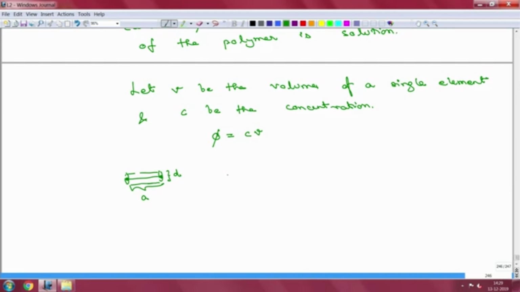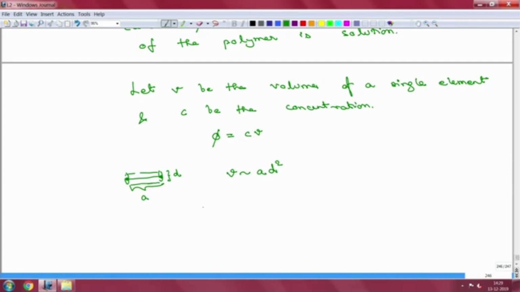Then v scales as A times D squared. This is the volume of this cylinder without the pi by 4. I am dropping that same number over here.